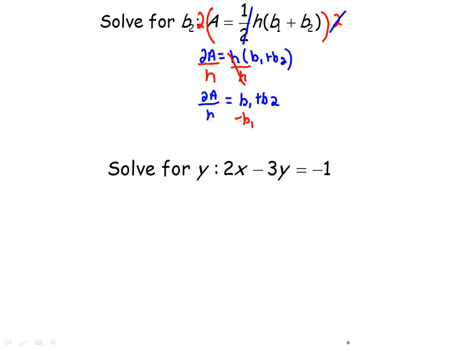Now this is where people want to go just nuts with this answer. On the right-hand side we're left with b sub 2. That's good. See if you can write down the answer.